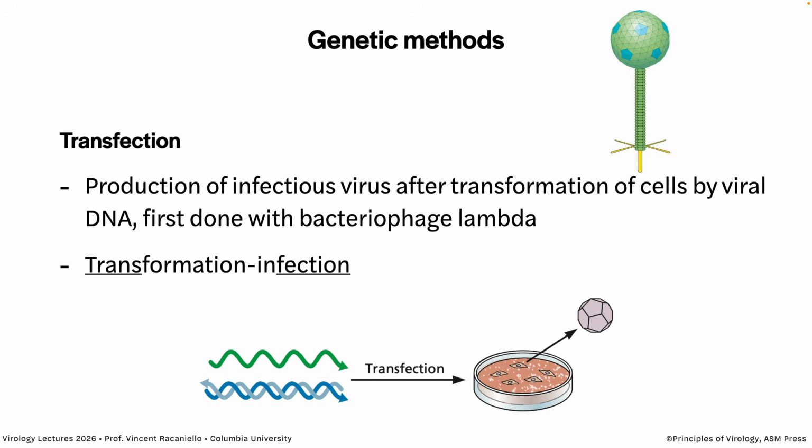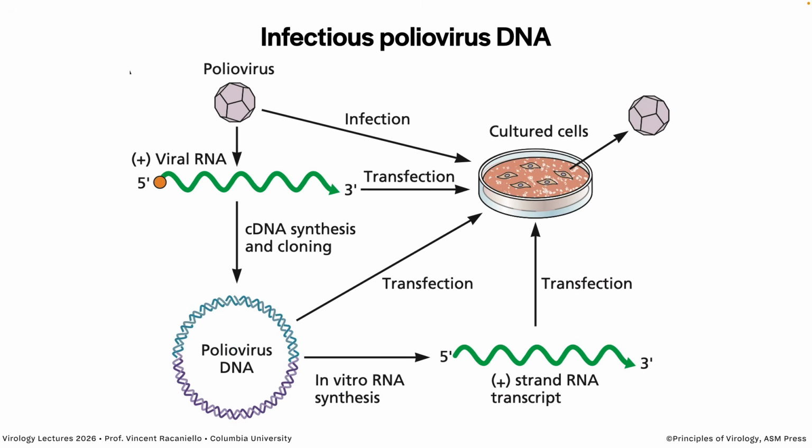And so here's a picture of that. You can take RNA or DNA and introduce it into cells by transfection. That initiates an infectious cycle, and out come viruses. Now, of course, if you have DNA, that's beautiful because you can manipulate it. You can change it, but you can't do that with RNA. So the first infectious DNA of an animal virus was that of poliovirus.